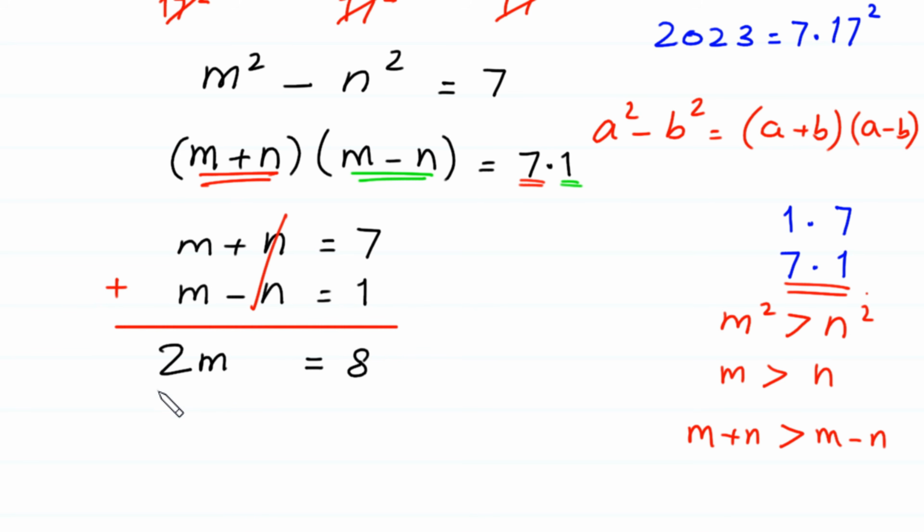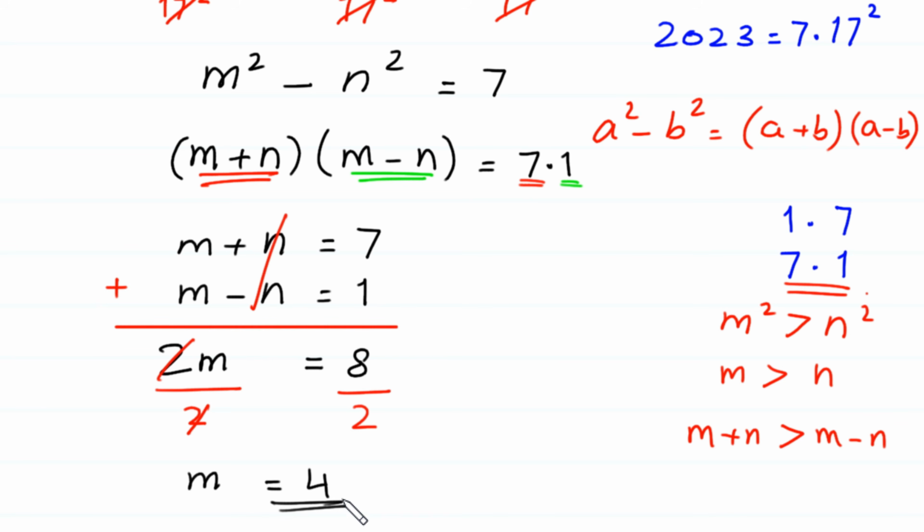We divide both sides by 2, and m is equal to 8 divided by 2, 4.